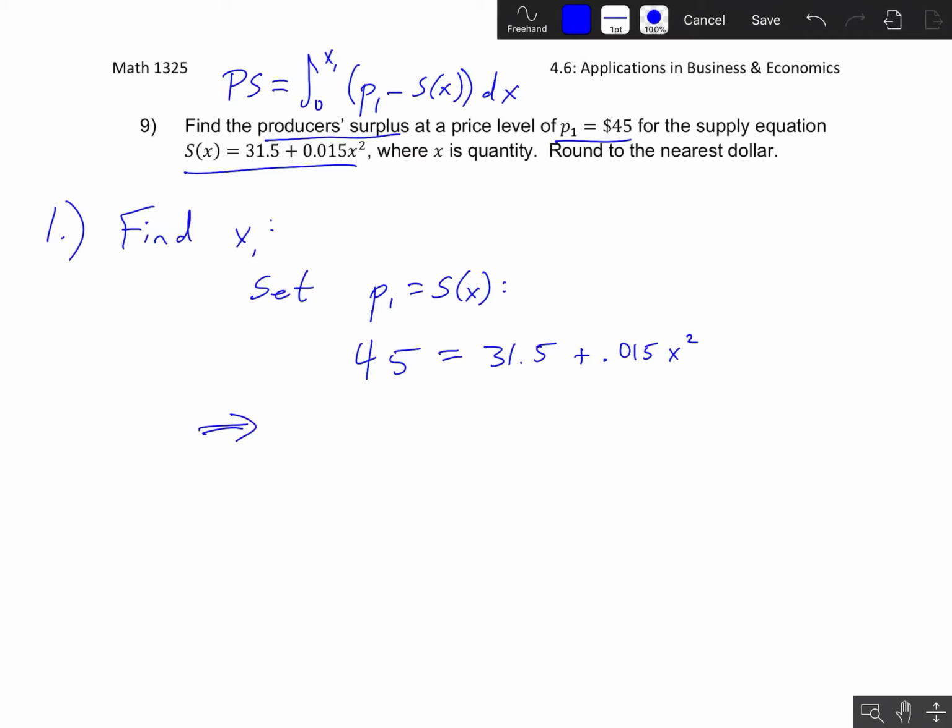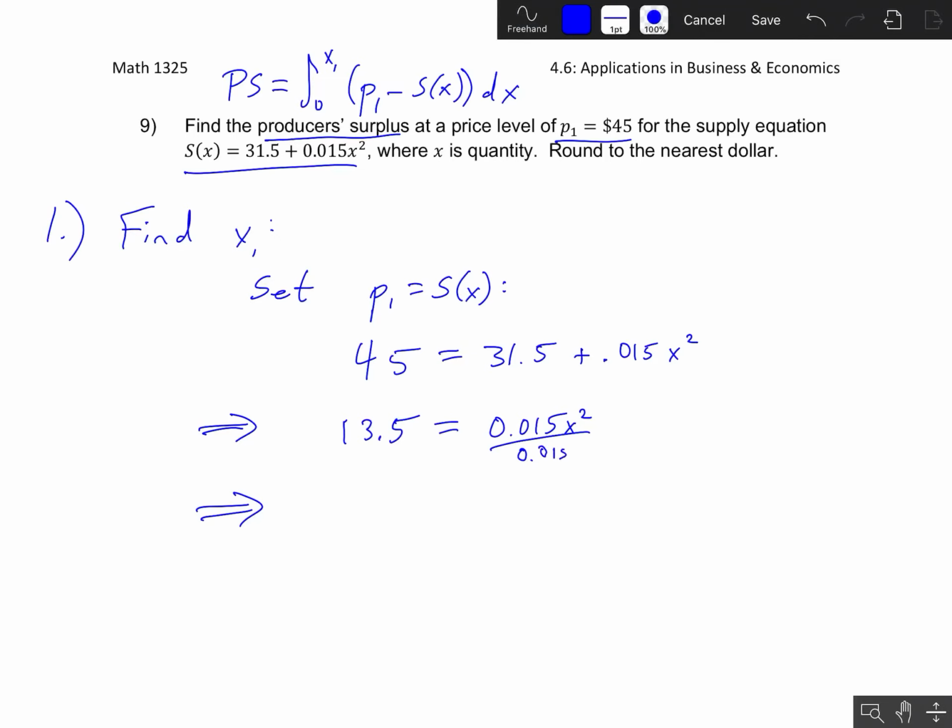I would subtract 31.5 from both sides. If you do that, you'll get on the left side 45 minus 31.5 is 13.5. And the right side will still be 0.015x squared.